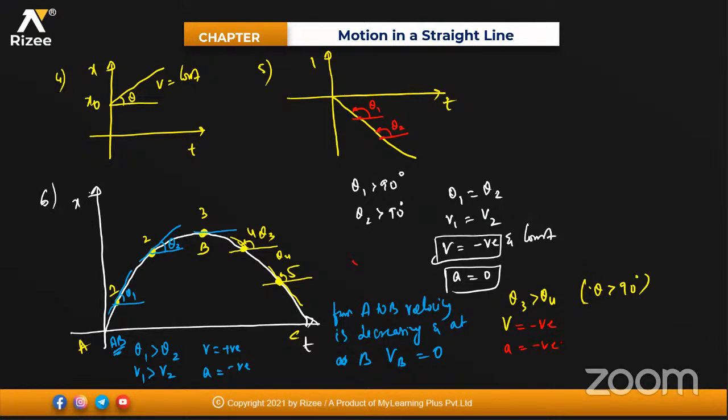Clear? And velocity at 4 will be greater than velocity at 3. Clear? As it is coming from the highest position B to C, velocity is increasing, but it will be negative. So acceleration is also negative. Clear? Yes, sir.